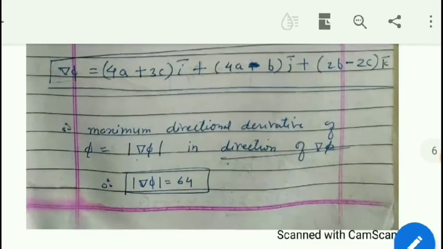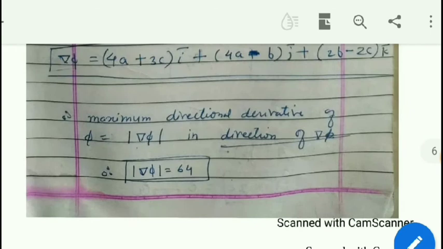After that, in the given question, the maximum directional derivative of phi, that means mod del phi in the direction of del phi, the value of maximum directional derivative is mod del phi equals 64. This value is already given in the question.